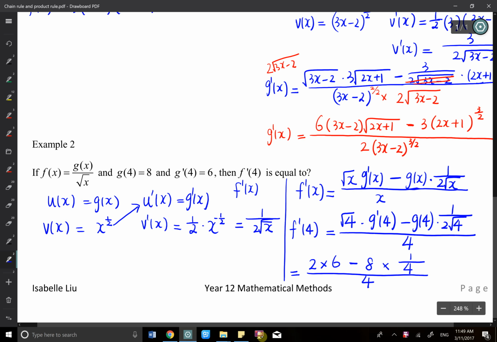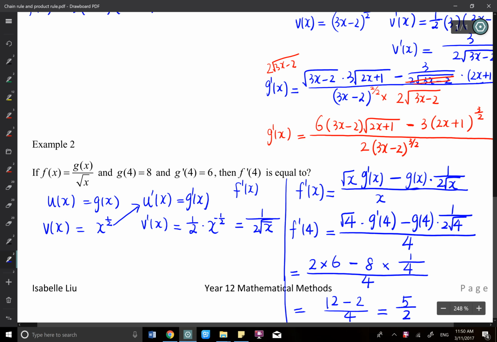So what we will have is 12 minus 2 over 4. Okay, 12 minus 2 over 4, that's 10 over 4, is 5 over 2. So f'(4) will be 5 over 2.